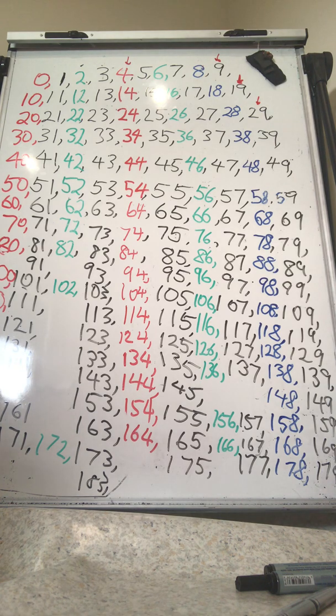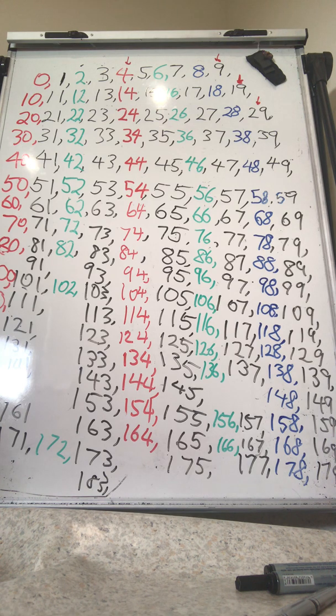6 times 6. 2 times 6 is 12, right? So now I have to do like 4 more. So 12 plus 6 is 18. 18 plus 6 is 24.